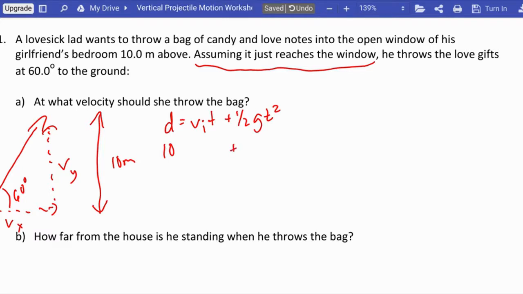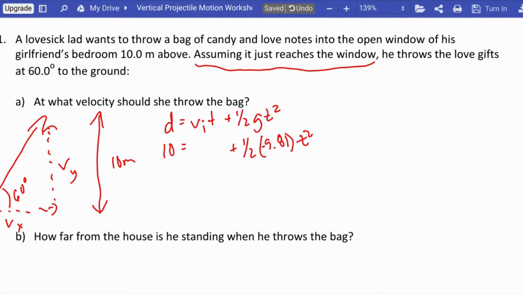And for the half gt squared, we know that g is negative 9.81, or positive if we ignored it, but it is negative 9.81. And then that leaves the velocity initial times time. Now, we don't have an initial velocity. But what we need to imagine is that it doesn't really matter.